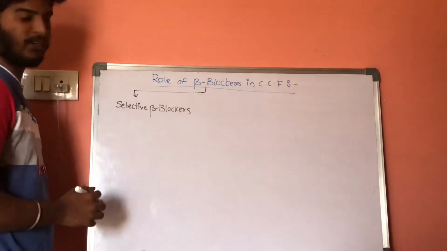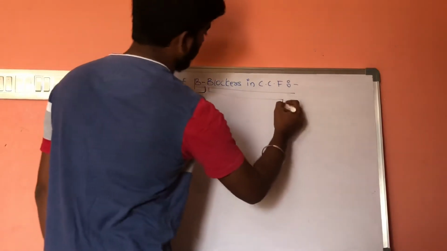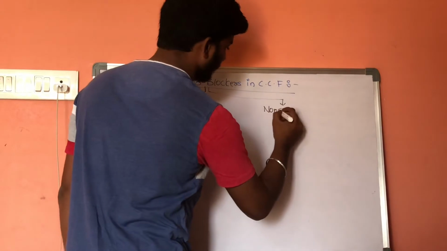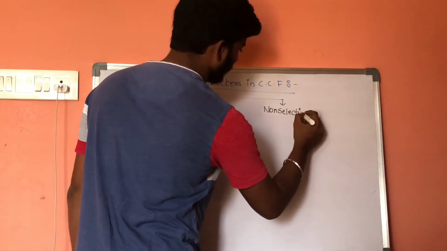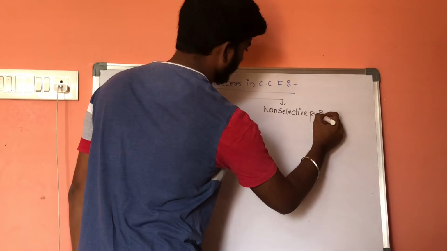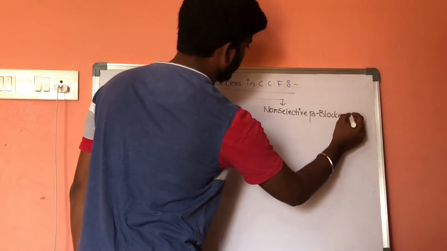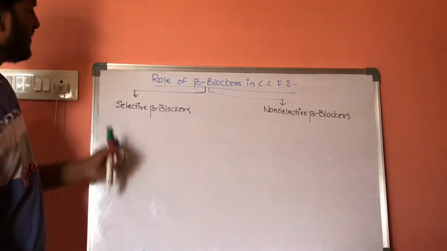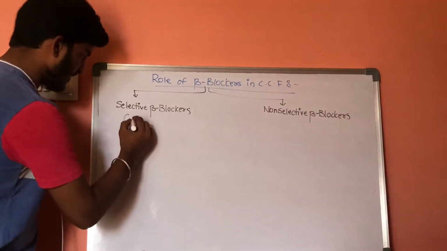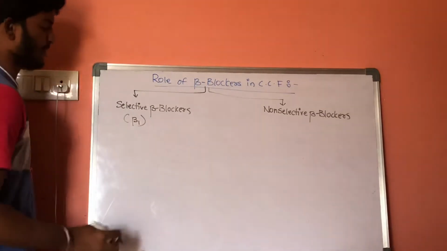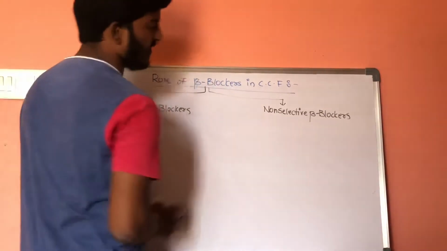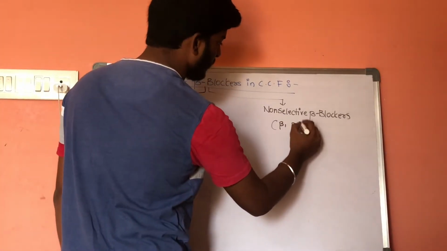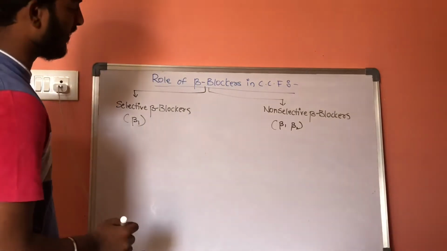Selective beta blockers will work on only beta 1 receptors, whereas non-selective beta blockers will work on beta 1 as well as beta 2 receptors.